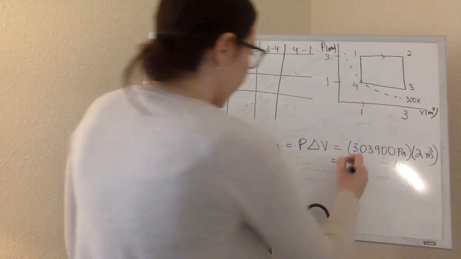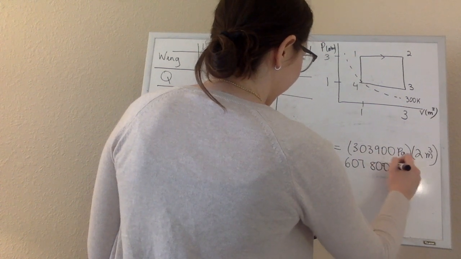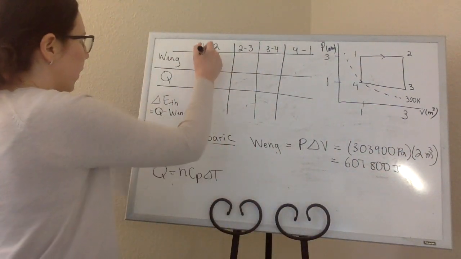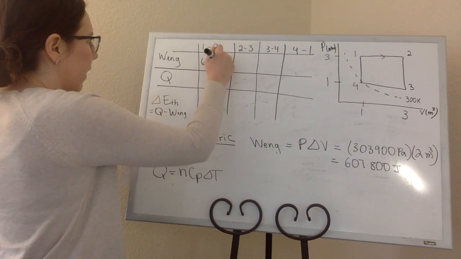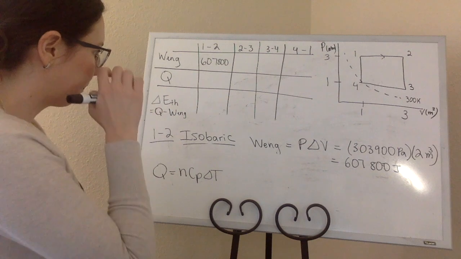And that gives me 607,800 joules. And we can put that in 1 to 2, 607,800. So all of these numbers will be in joules in the chart.